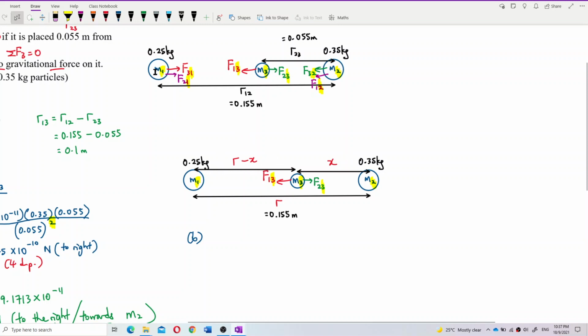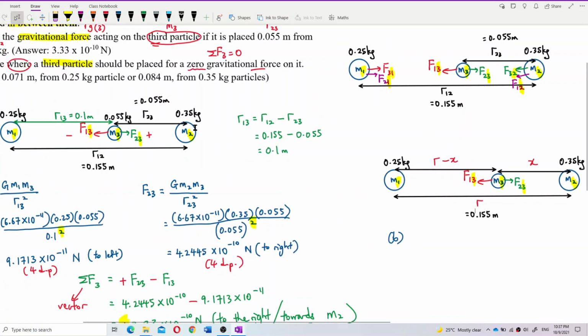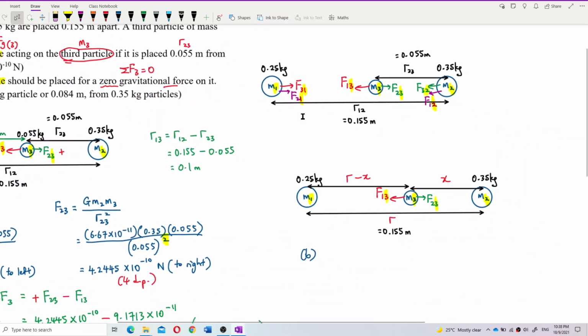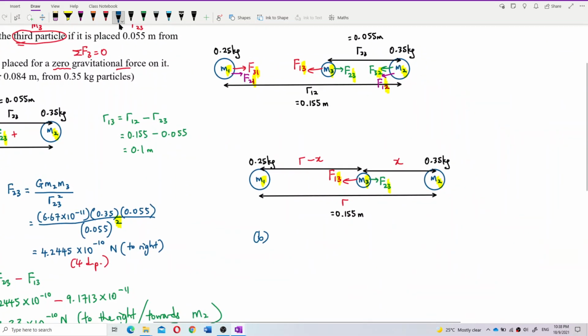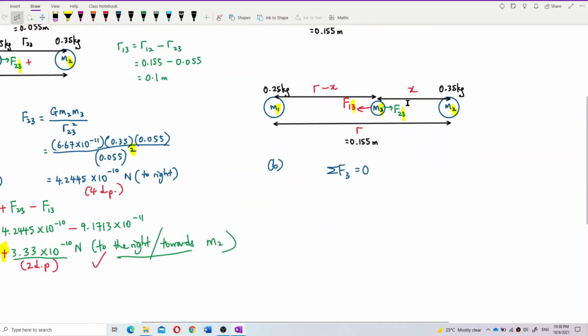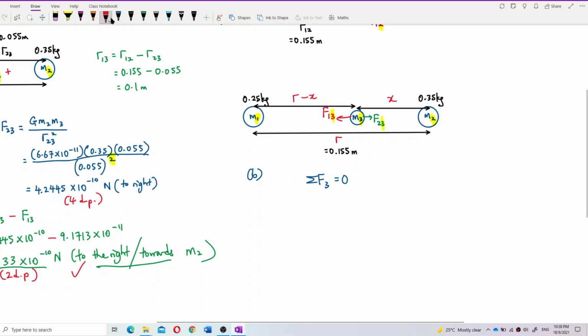Now we want to use the condition that the resultant force on 3 is 0. So apply this: the resultant force on particle 3 is 0. Now we also need to assign positive and negative signs.